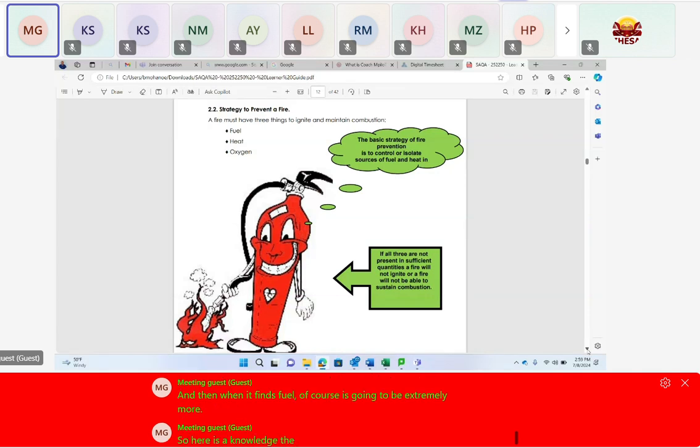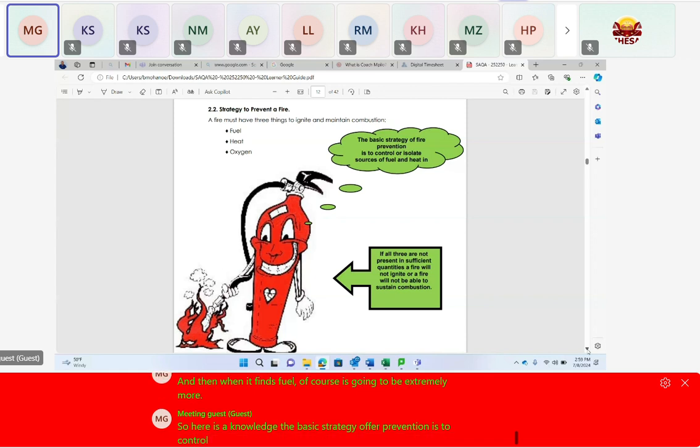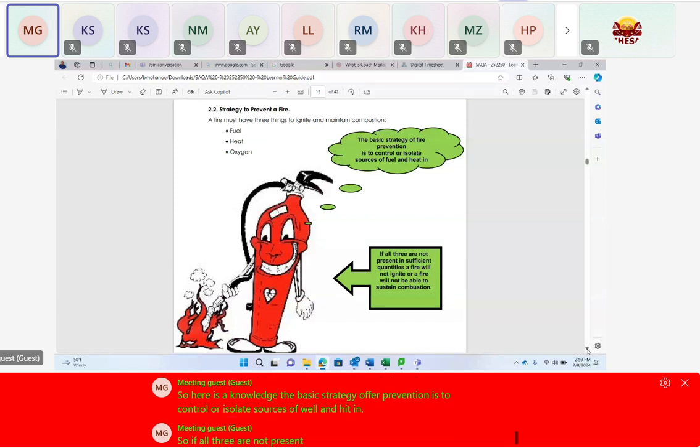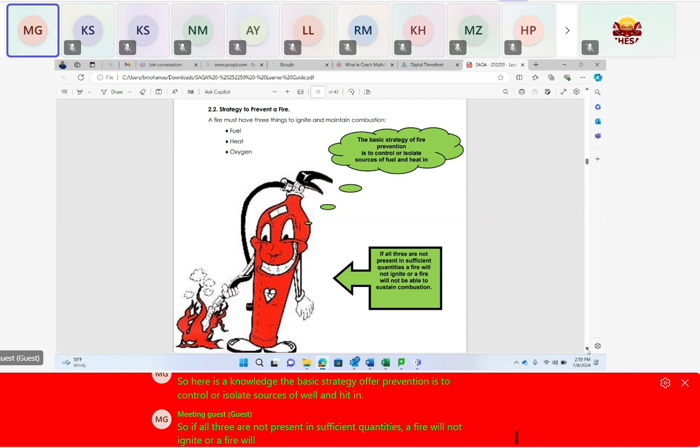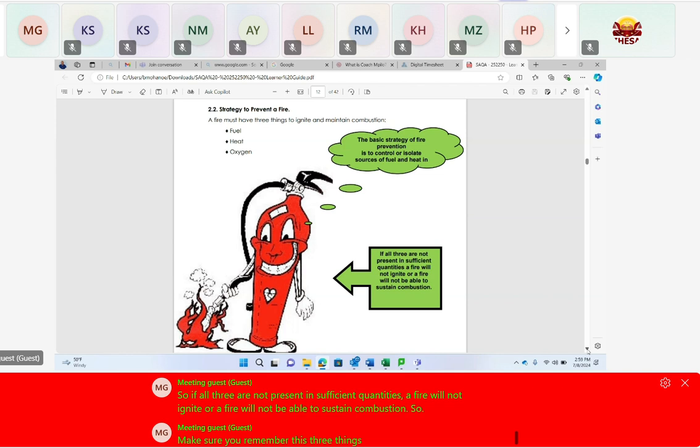The basic strategy of fire prevention is to control or isolate sources of fuel and heat. So if all three are not present in sufficient quantities, a fire will not ignite or be able to sustain combustion. So make sure you remember these three things.